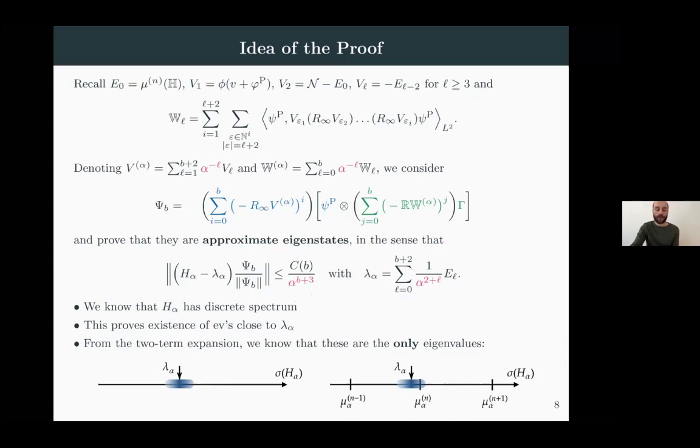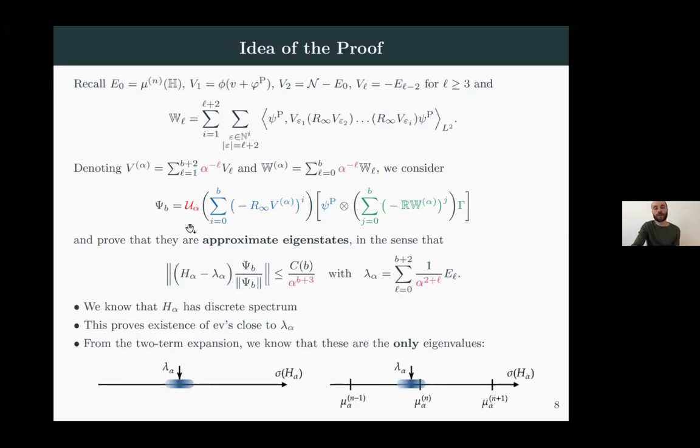One of the technical difficulties that come up can be related to a remark that I made in the very beginning about the domain of this operator. In fact, it turns out that these types of states are not even in the domain of the operator. So this expression is not even well defined.